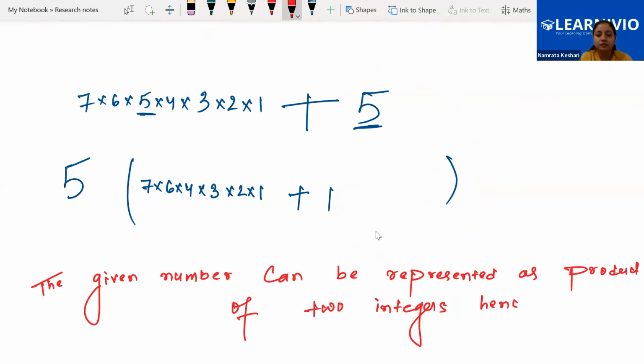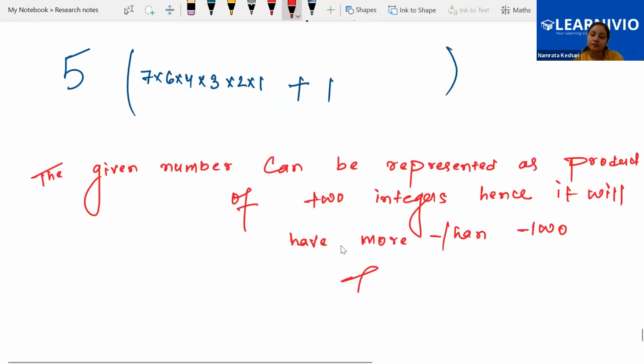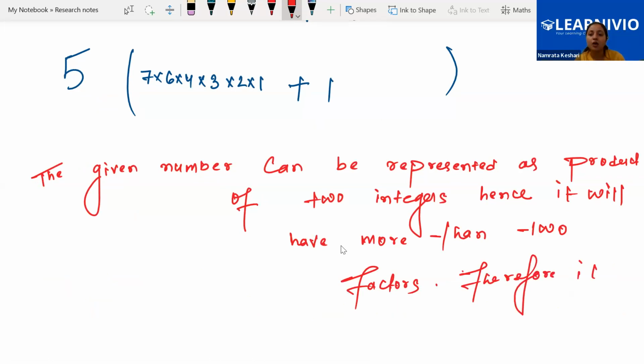Hence, the definition of a prime number was any number which has exactly two factors, one and the number itself. But this number will have more than two factors. Hence, it will have more than two factors. Therefore, it's a composite number.